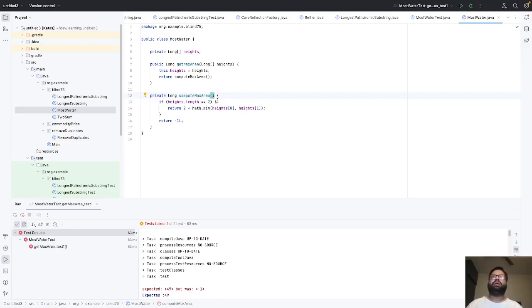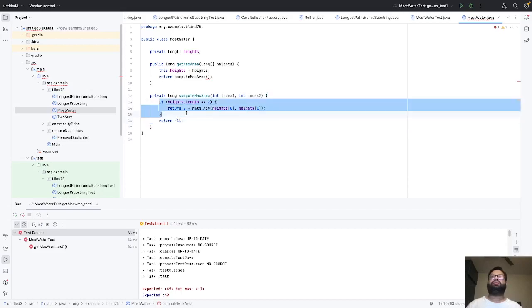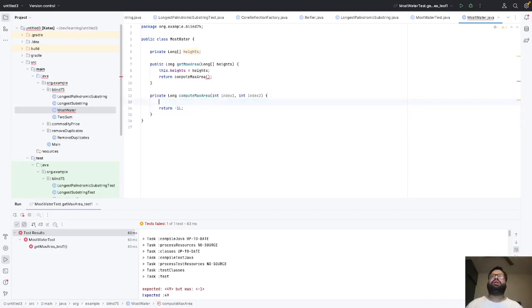Let's refactor this a bit. And start, and index 1, index 2. Get rid of this.